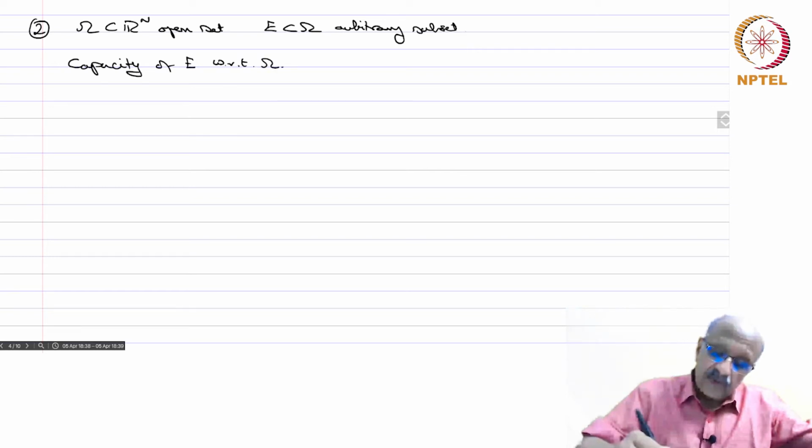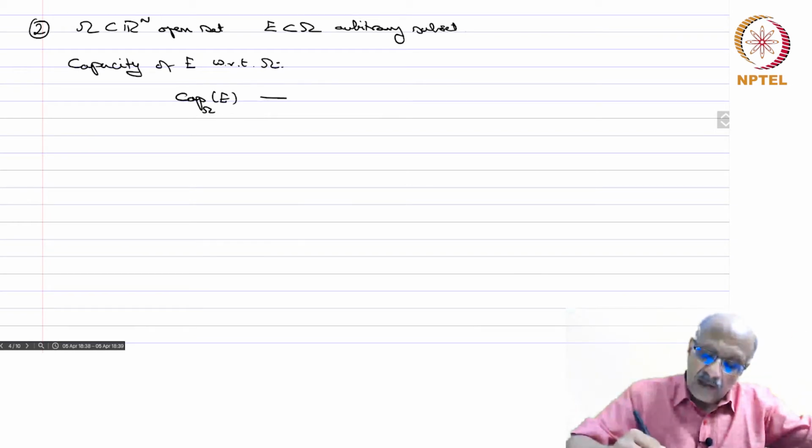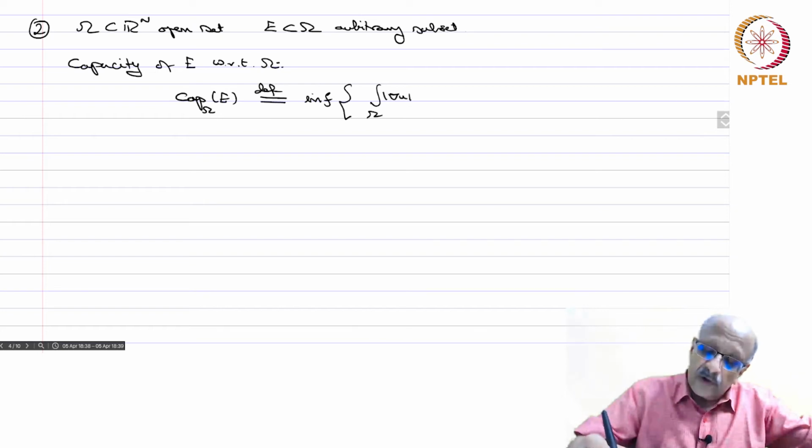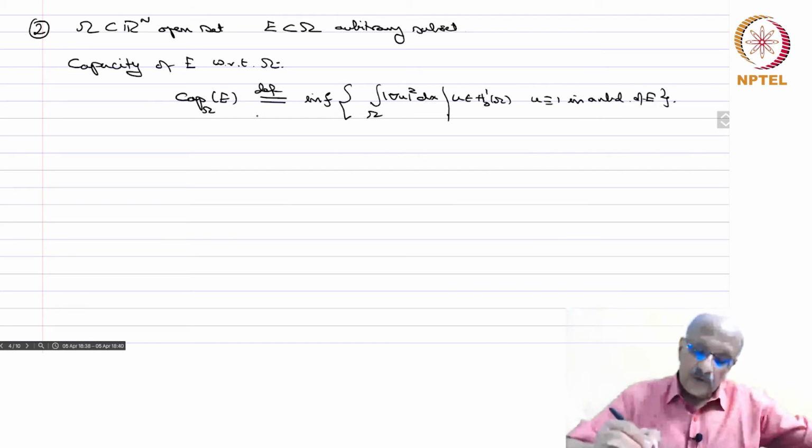So we write this as cap of E. You should put an omega here, cap omega of E, but I may drop it when I am talking only of E. So this is the definition: inf of integral over omega mod grad u square dx, where u is in H10 of omega and u identically 1 in a neighborhood of E. So this is called the capacity.